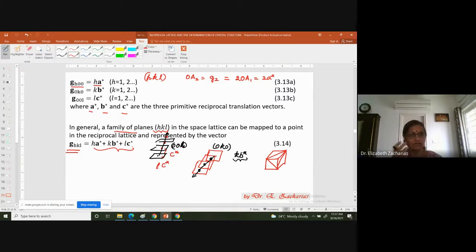So just imagine if I have a crystal, I can imagine drawing many such planes and families. Each family is going to be denoted by one point in the reciprocal lattice. So when I put together all these points, I'm going to get a reciprocal lattice consisting of points in 3 dimensions.